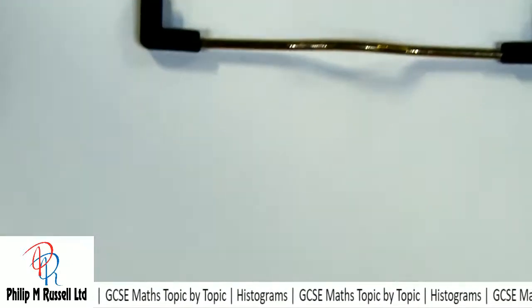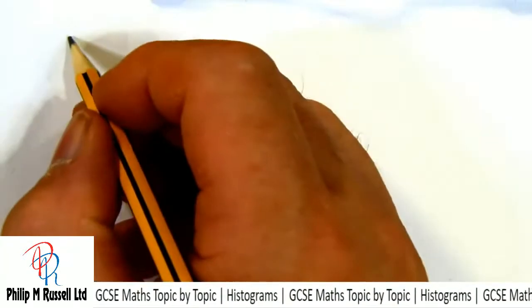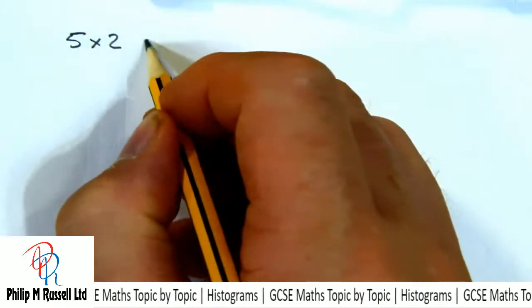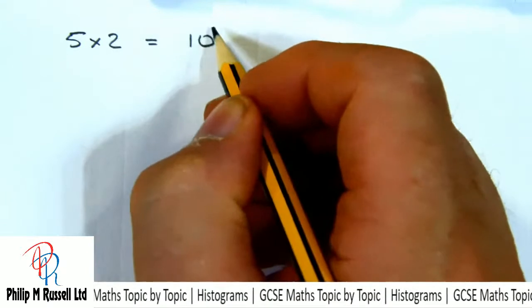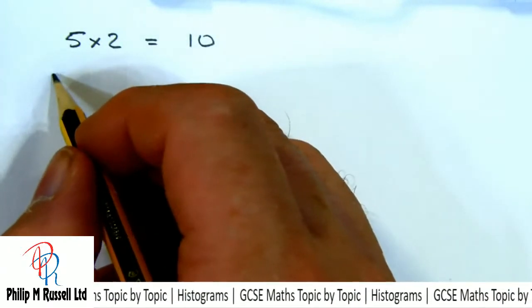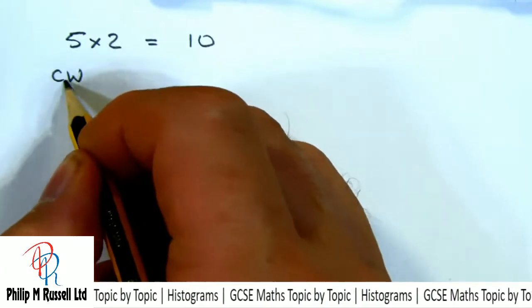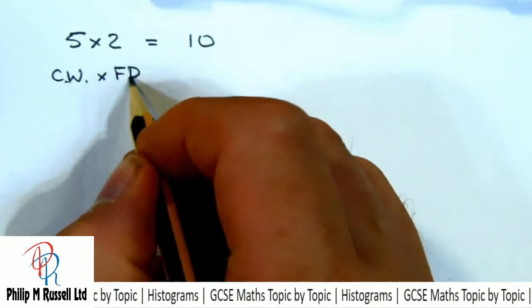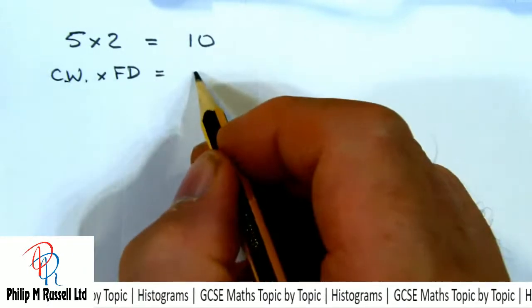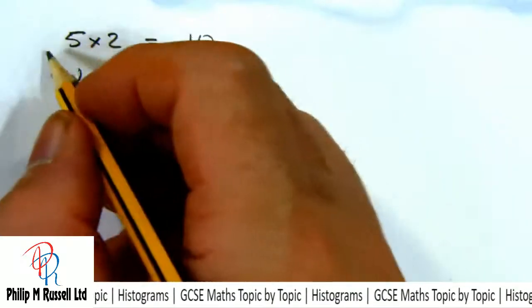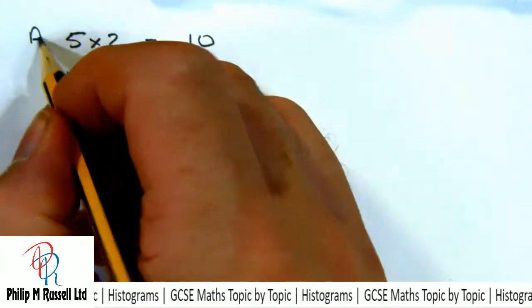So let's write some of these down. So it's 5 by 2, which is 10. Remember what we've got here. This is our class width times my frequency density, and that gives me my number. So that was for group A.